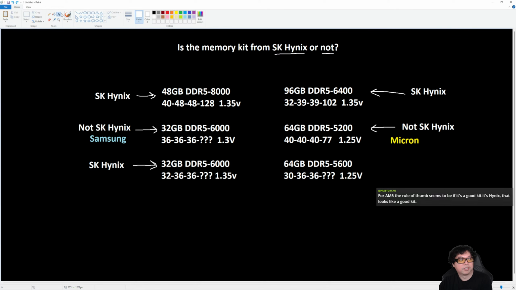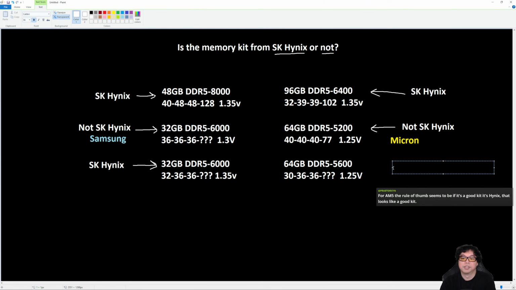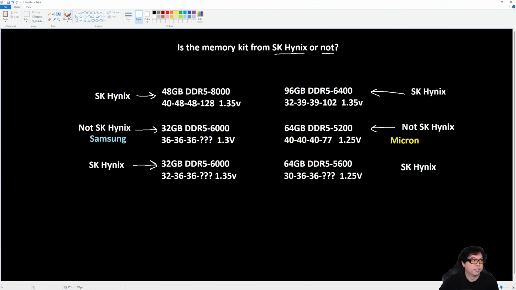But the correct answer on this one is SK Hynix. This is SK Hynix memory. Definitely SK Hynix memory.